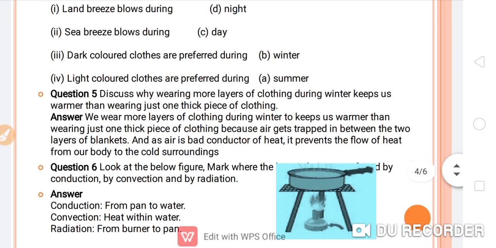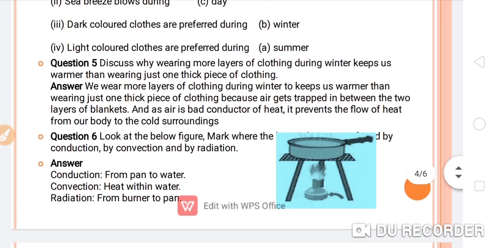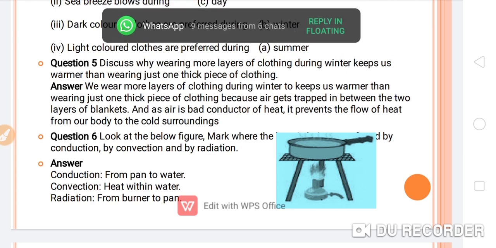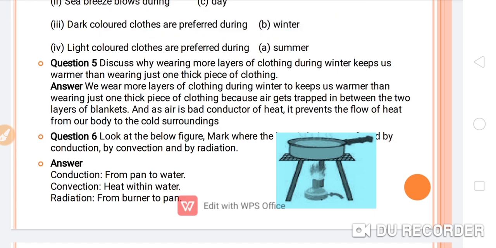Now next, question number 5. Discuss why wearing more layers of clothing during winter keeps us warmer than wearing just one thick piece of clothing. So answer.